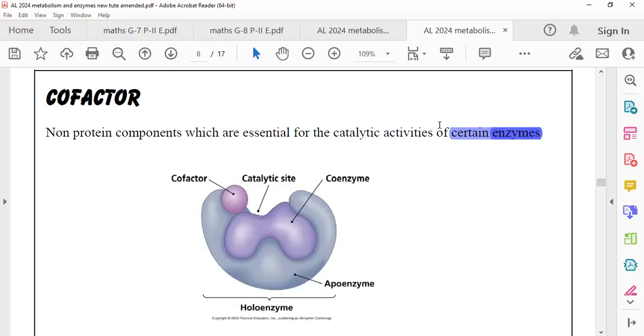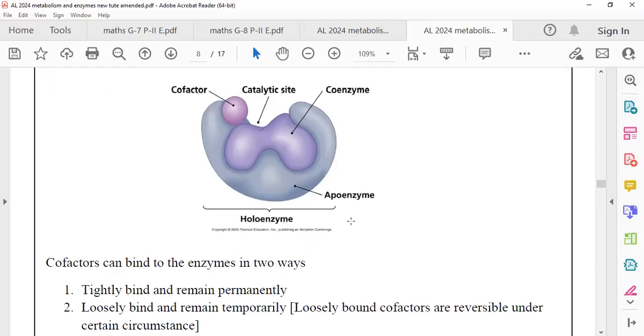If this cofactor is absent, I can't do my catalytic function. It is their demand. Now there are children telling, if Dada is at home, only then I will eat. They place a demand, a necessity. If this one is there only, I will do this. It is a demand of certain enzymes.